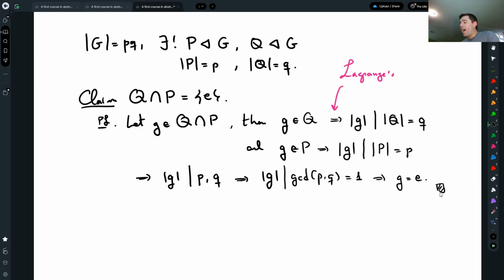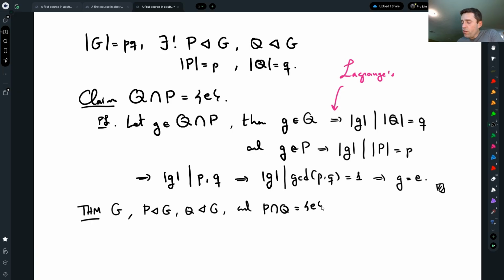Why am I done? Because in the previous video, I proved a theorem that has my favorite proof in all of abstract algebra. You can see it in that other video. It says that if we have G with P normal in G, Q normal in G, and P intersect Q is trivial, then the elements in P and the elements in Q commute.